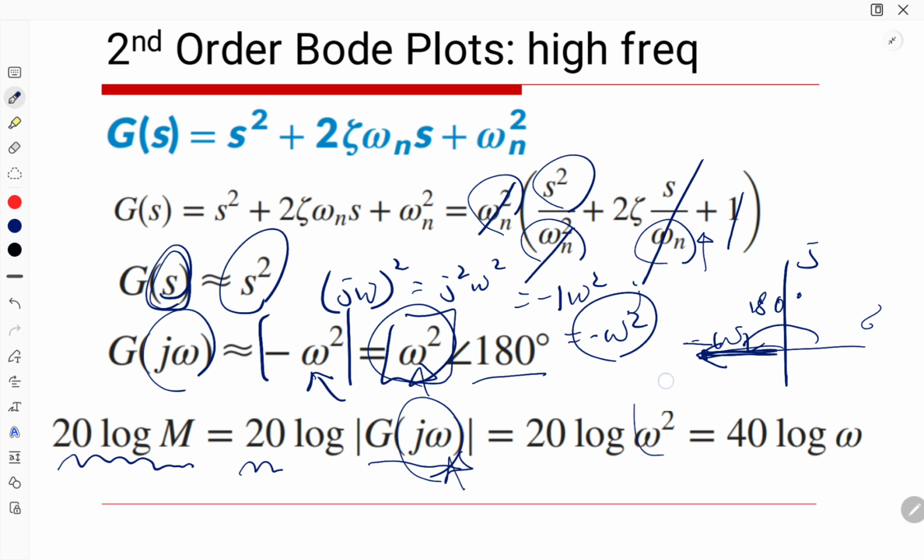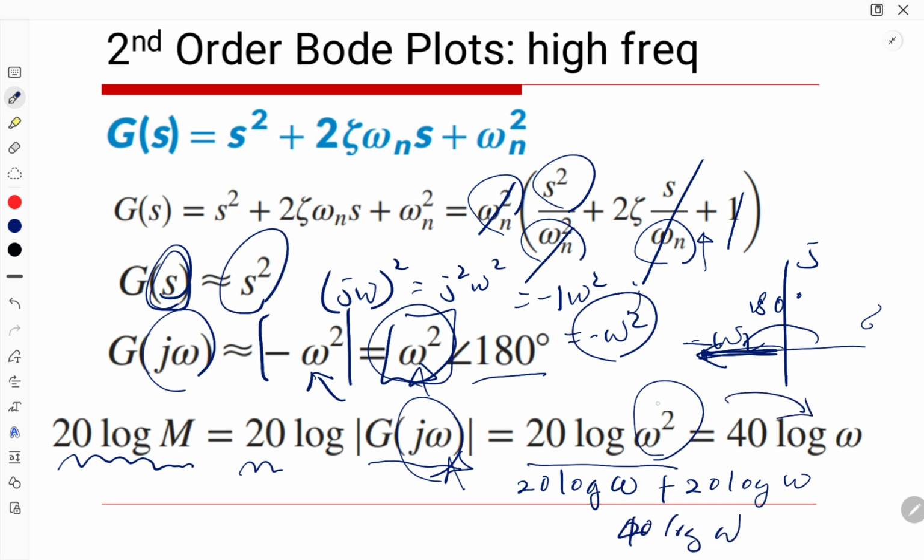That happened to be omega squared. 20 log omega squared is the same as 20 log omega plus 20 log omega, which is 40 log omega. Or you could have put it as 2 times 20 log omega. Same thing.